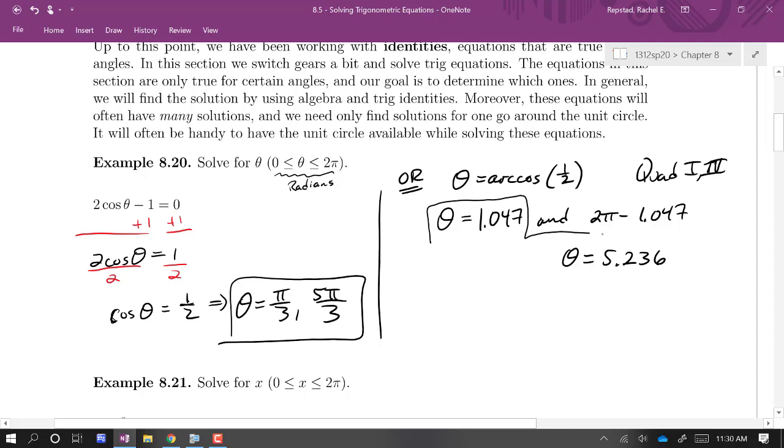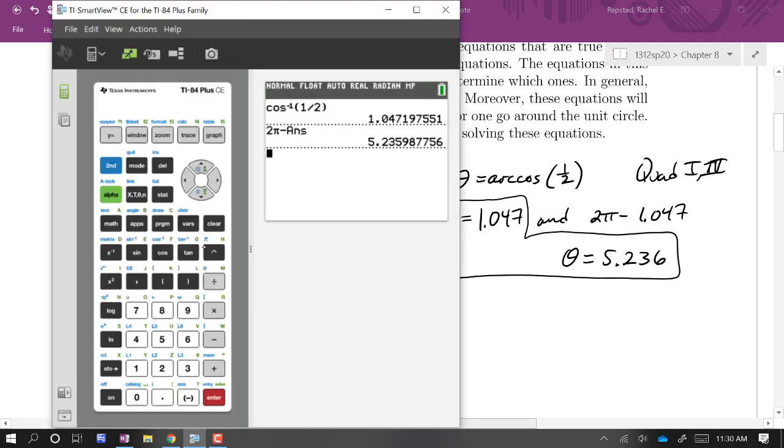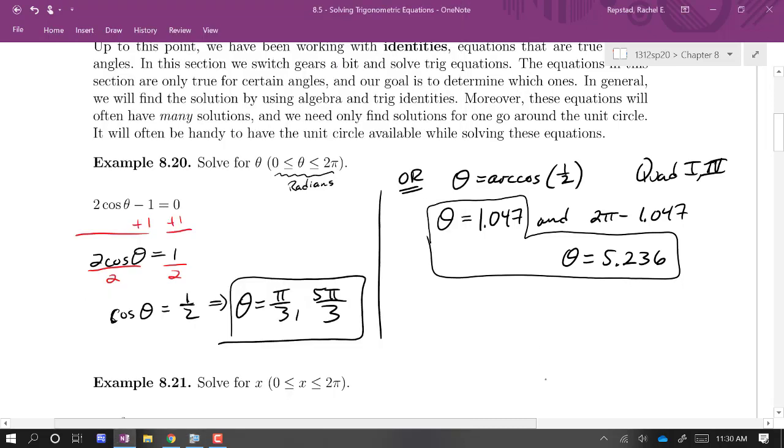So these are our two answers. And you could see that these are equivalent, right? If I take the calculator and I just do pi divided by 3, there's our 1.047. If I do 5 pi over 3, there's my 5.236 value. For the most part, I think in these examples and most of the exercises, we can do this just by using the unit circle, and that's how I'm going to go about it.